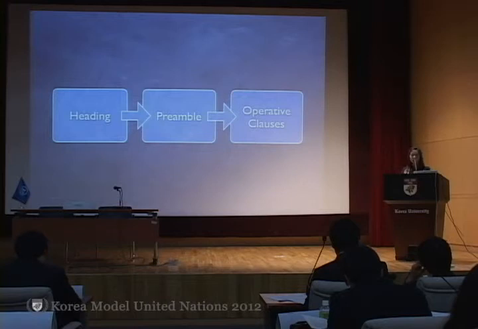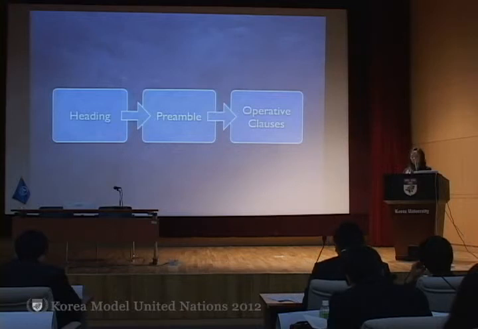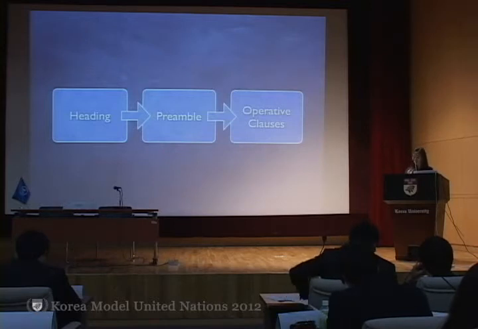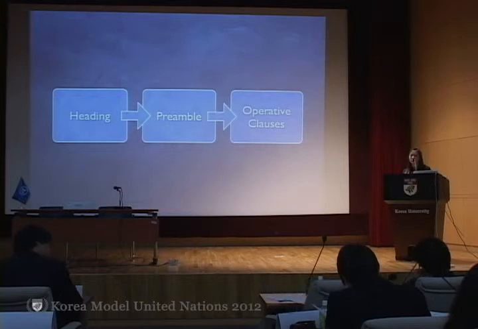Delegates can thus add to and modify the introduced draft resolution, and this modifying is officially called amendment, which our DSG explained earlier. I will further explain this later in the presentation. How do you write a resolution? A resolution is mainly comprised of three parts: a heading, a preamble, and a set of operative clauses.